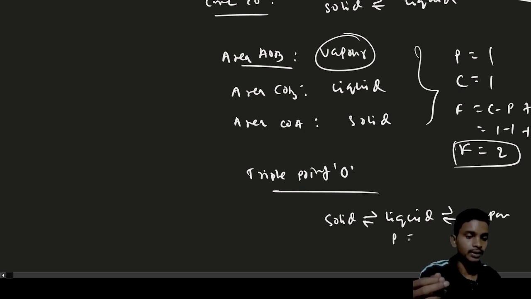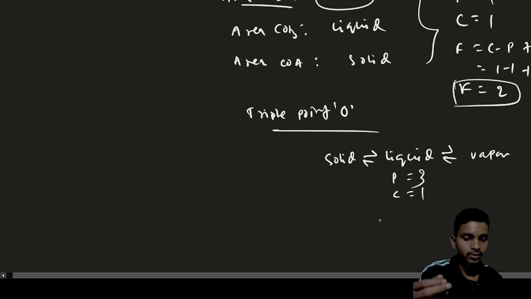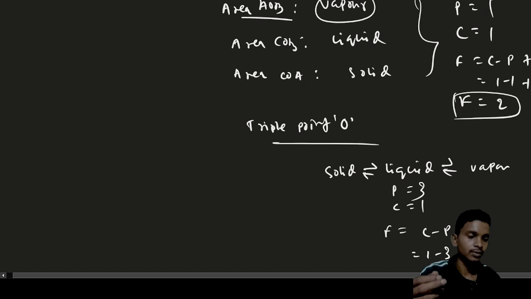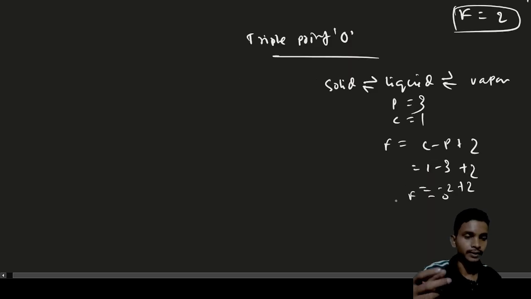So the number of phases is 3 and components is 1. The variables needed are F = C - P + 2, that is 1 - 3 + 2, equal to 0. So F equals 0 here.